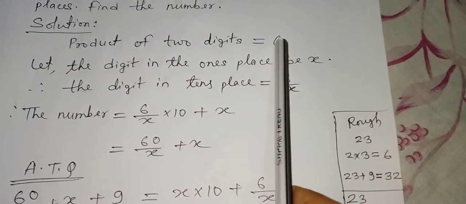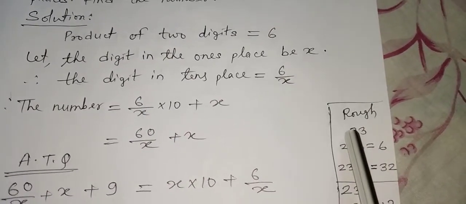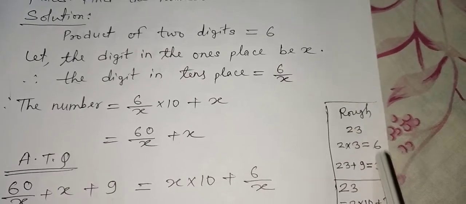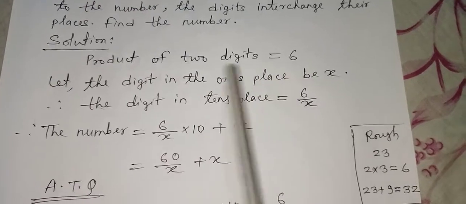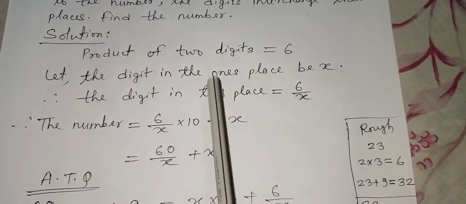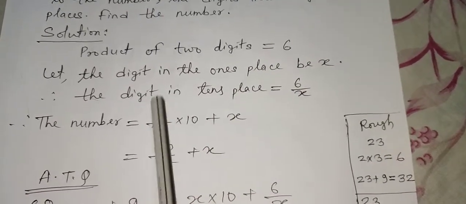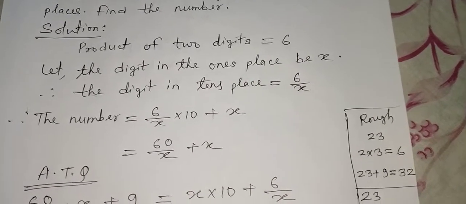That means you have to divide 6 by x. Just like if you know 3, then to know 2 you divide 6 by 3, because 3 twos are 6. Similarly, the product of the digits is 6, and if the digit in the ones place is x, to know the digit in the tens place we have to do 6 by x.